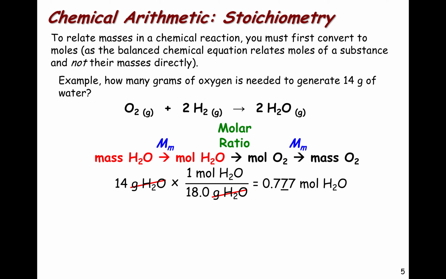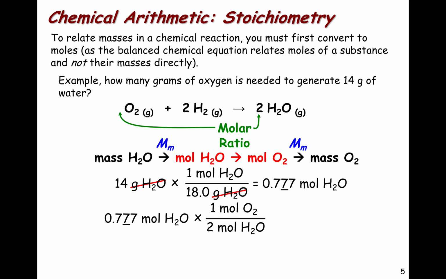If we solve this at this point, we can come up with the moles of the water. However, that doesn't get us to our goal. So if we use that to do the next step of our calculation, we do now the ratio in terms of moles from the balanced reaction, and we put the 2 moles of the water in the denominator of that ratio and the 1 mole of elemental oxygen in the numerator. That will allow us to cancel the moles of water, and then doing the calculation would give us the moles of O2.